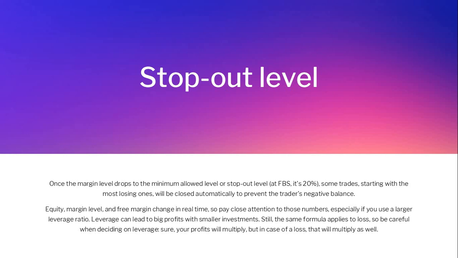So equity, margin level, and free margin change in real time. Pay close attention to those numbers, especially if you use a large leverage ratio. Leverage can lead to big profit with a smaller investment.